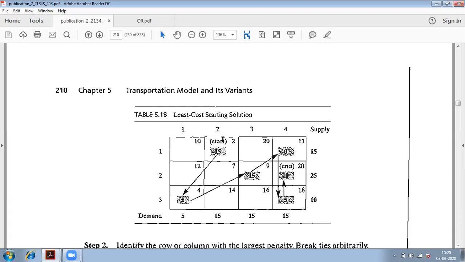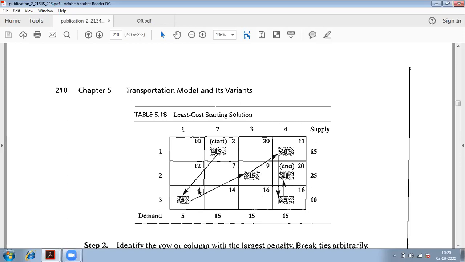Because this is balanced, you need not take up 12, 4, 9, 16, and 20, 18.